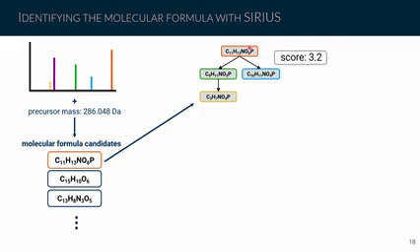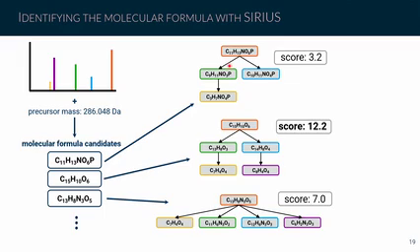So the root of the tree is always the precursor formula candidate, and then for each fragment, we also find the best matching fragment formula, and the edges in the tree basically represent neutral losses. And based on how well the formula fits the fragment mass and how common is the loss that's needed to produce this fragment, we also get a score.